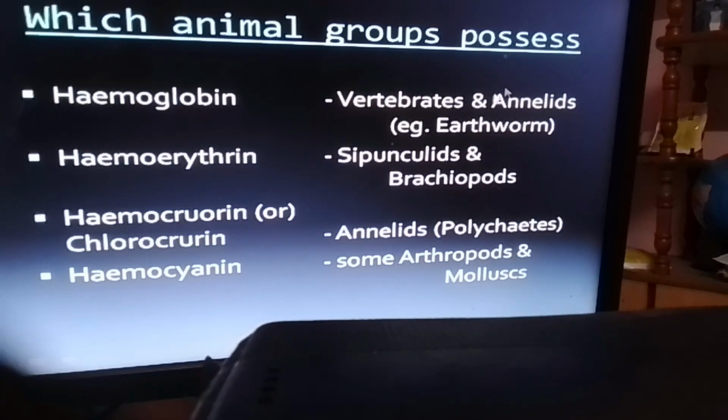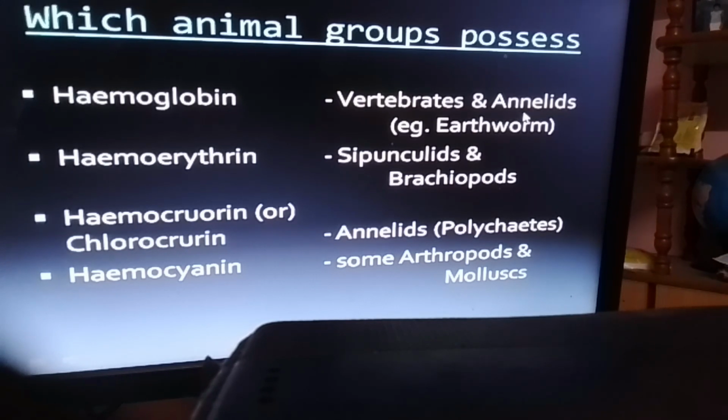Now here we can find the animals which carry these respective respiratory pigments. Hemoglobin is present in all vertebrates, in the sense even if you start with fish, even the intermediary prochordates and fish, frog, the reptiles, a good example is Calotes, and birds and then mammals, including the human being.